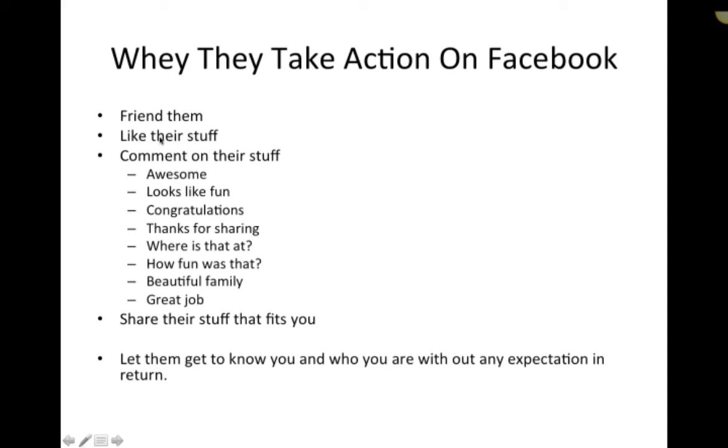You want to start listening to them, like their stuff, comment on their stuff, like "awesome," "looks like fun," "congratulations," "thanks for sharing," "where's that at," "how fun was that," "beautiful family," "great job." Share their stuff that fits you. So it's just interacting and engaging with them to get to know them. Of course, they just took action on your page, so they've seen you but they don't know who you are yet. Your goal is to build a relationship with them and eventually get to know them on a deep level, to where they're either listing or buying with you or referring their friends, family, and coworkers.